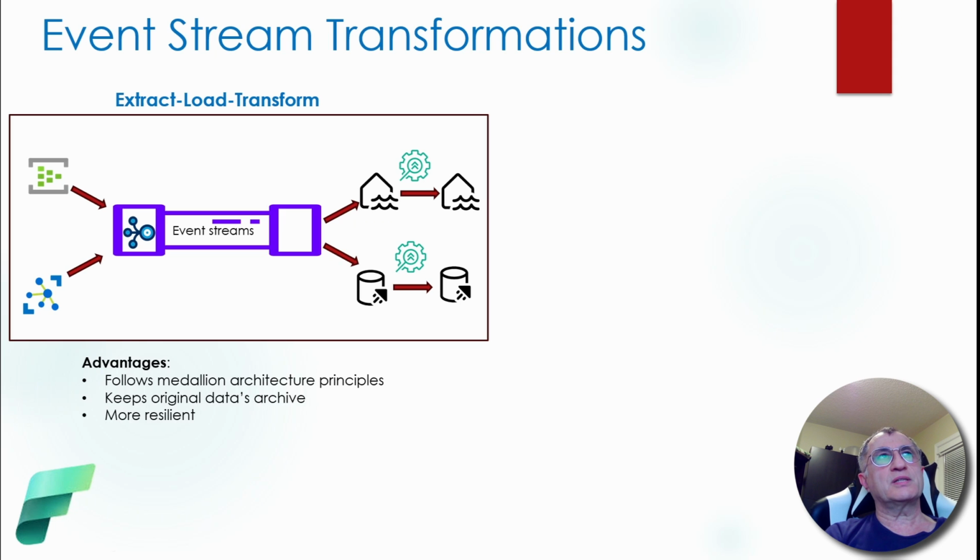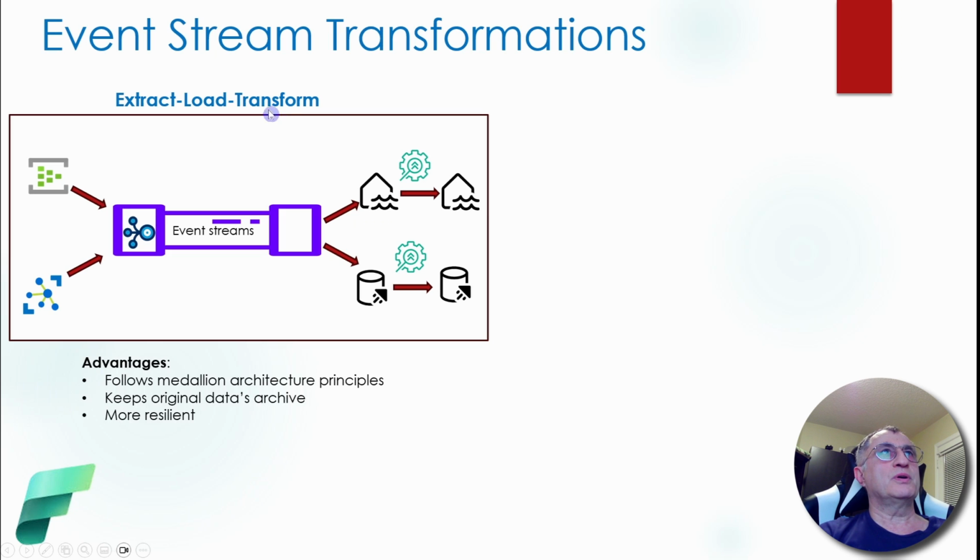That's extract, load, and transform, where you bring the data to your cloud as is with minimal transformations, and extract, transform, and load, which includes some transformations on the fly before your data arrives at the destination. So the diagram here represents the first approach, extract, load, transform.